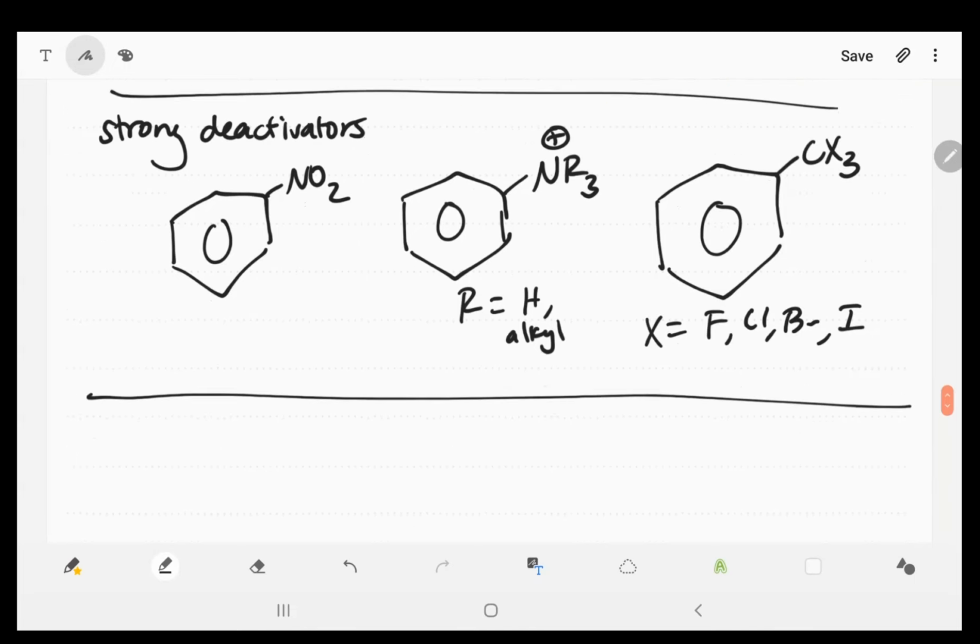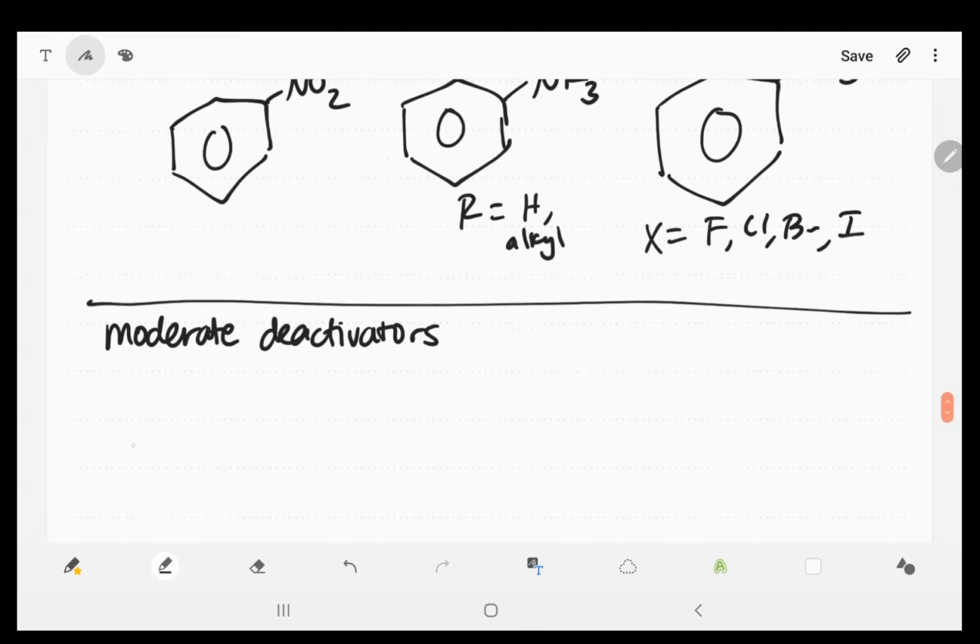And if we want to think about weak or moderate deactivators, those are going to be things with carbonyls. So all of the things with carbonyls next to them.